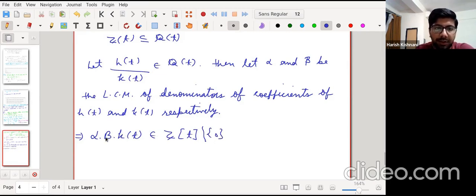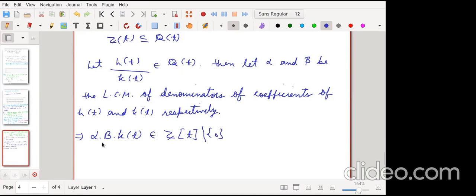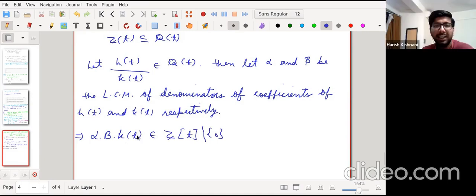Its denominator is going to be non-zero, since denominators cannot be zero, otherwise it won't be a well-defined fraction, right? So alpha, beta are non-zero, and k(t) is also non-zero because we need this denominator to be non-zero. Why is it inside Z[t]?